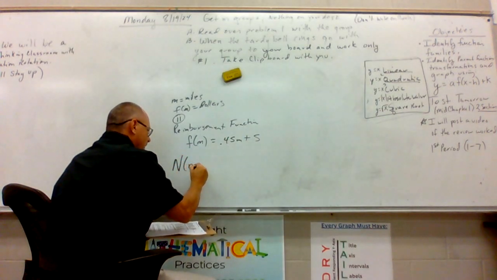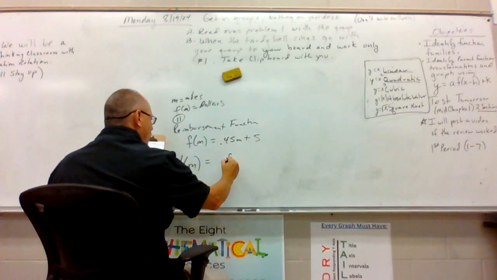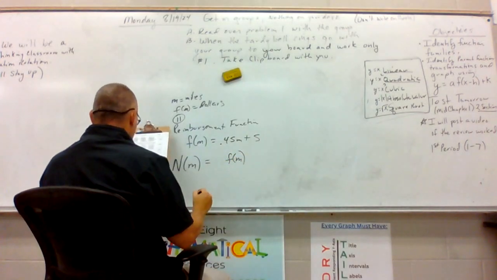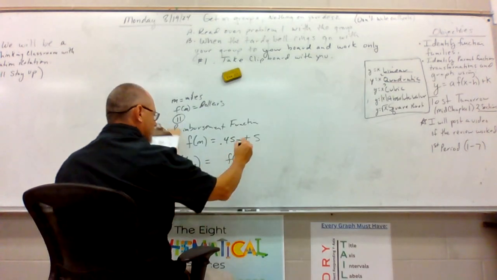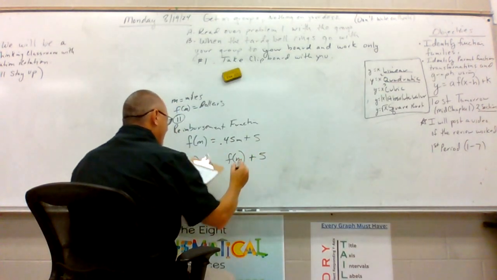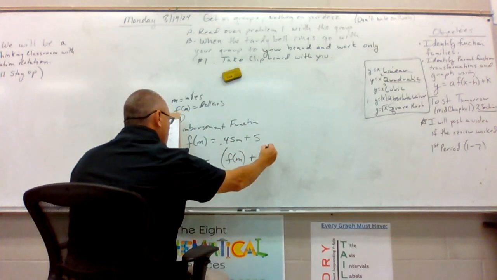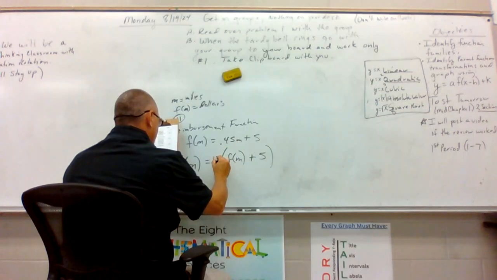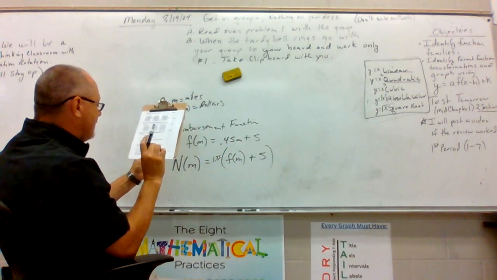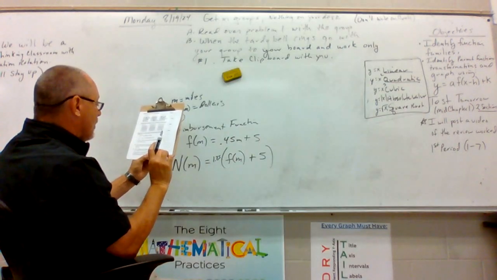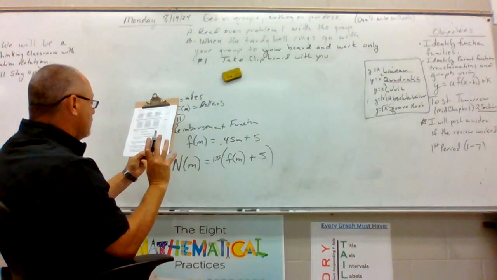The new function of m is going to take your whole f of m, add $5 more, and then multiply the whole thing by 1.25. It says after the policy change, $5 more are added on, and then the total reimbursement amount is multiplied by 1.25.